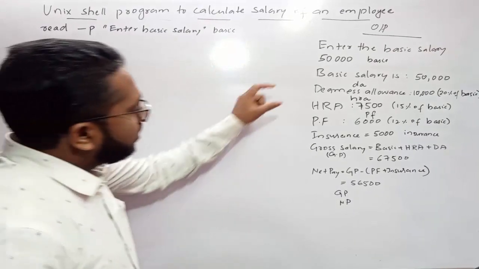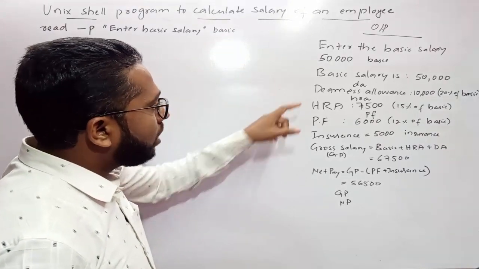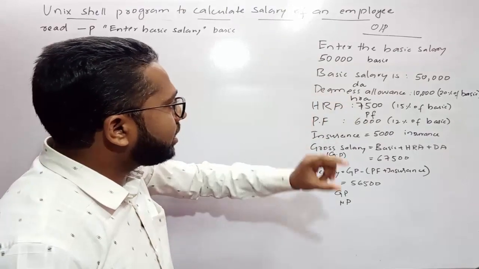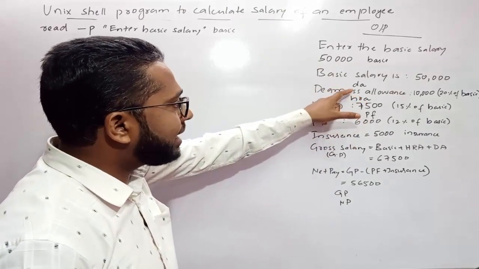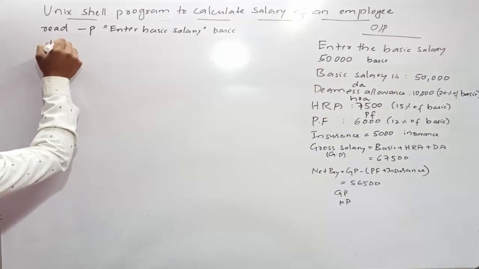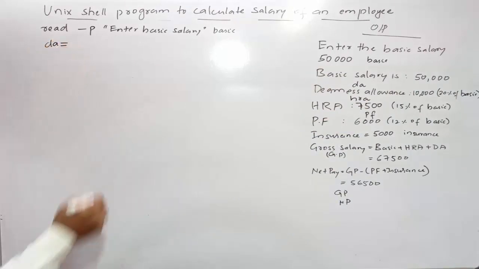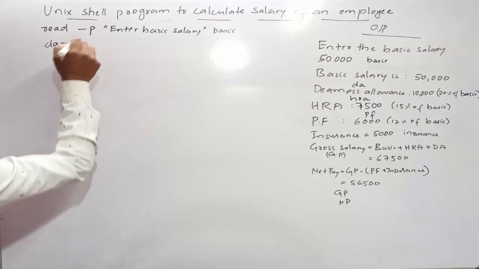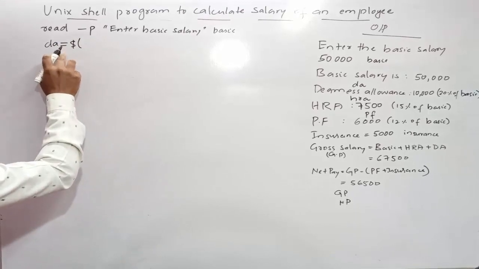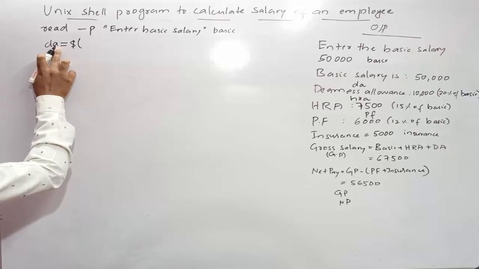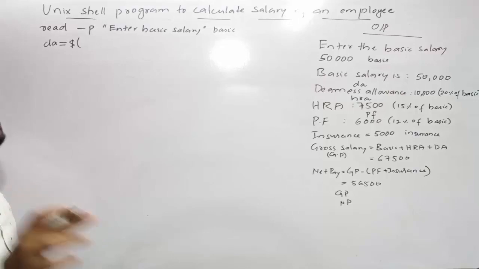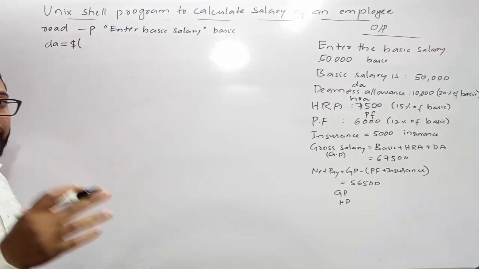Now, just by looking at the output, what do you think we need to calculate? Yes, we need to calculate the DA. To calculate the DA, we have already decided that we'll be using the DA variable. So DA is equal to dollar bracket. Just make sure that you do not put space before and after the equal operator. If you give the space, then you will get an error.